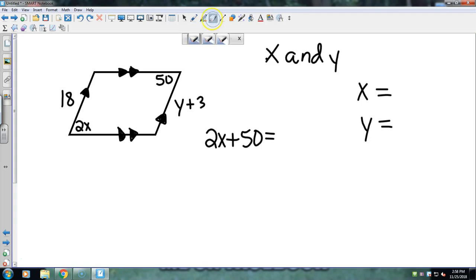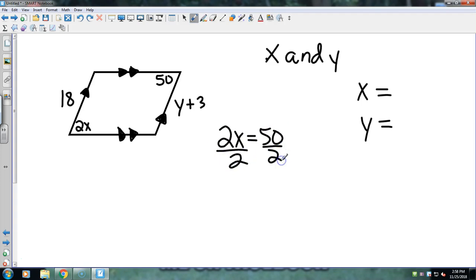And so I don't want to do 2x plus 50. Sorry about that. I want to do 2x equals 50. And so I divide both sides by 2. So that tells me that x equals 25. And so we also know that opposite sides of a parallelogram are congruent.